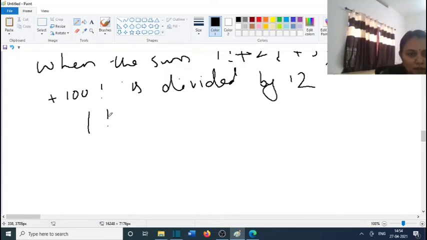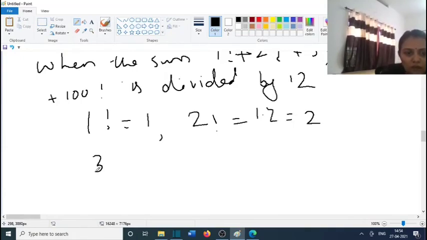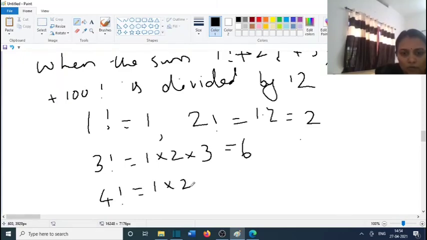We know that 1 factorial is equal to 1, 2 factorial is 1 into 2, equal to 2, 3 factorial is 1 into 2 into 3, equal to 6. 4 factorial is 1 into 2 into 3 into 4, the answer is 24. 3 into 4 is 12, so it is a multiple of 12.